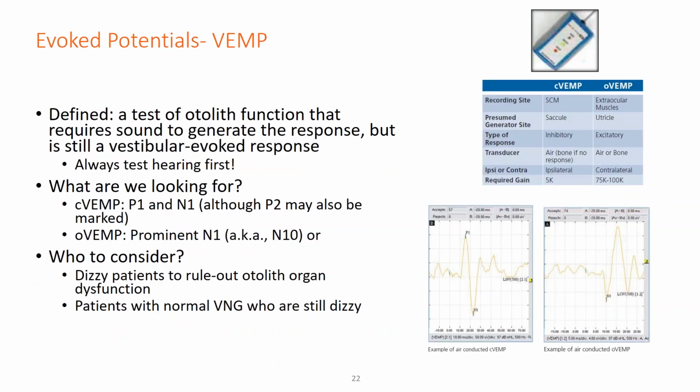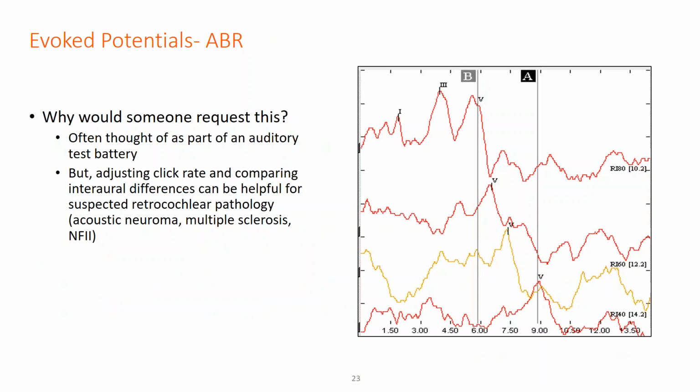And then VEMP is out there too. VEMP is really helpful for dizzy patients to rule out any sort of otolith organ dysfunction. And also for patients who might be coming up with a normal VNG who are still dizzy, this is something that's very easy to add to your evoked potentials equipment and can be another nice tool that you would have available. And then again, ABR is part of the auditory test battery, but it's also giving you really good information about the central auditory pathway.